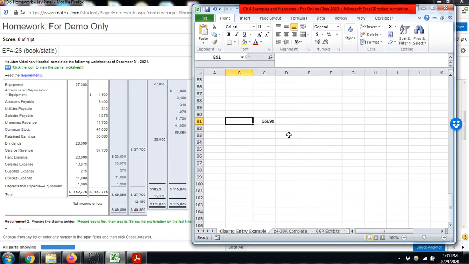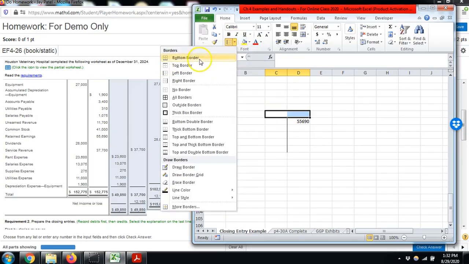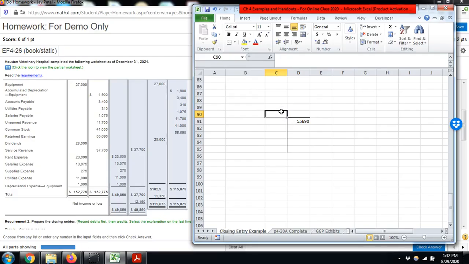This is our starting point. Actually, let's do it as a T account. This is retained earnings. So we see from our worksheet that it has a balance of $55,690 credit.